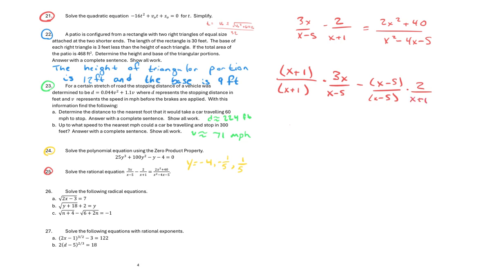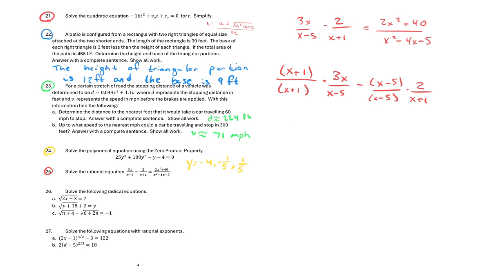And I went ahead and pulled this negative from here out to there. And again, the reason why we're multiplying by this here is that way both of these, our denominators, are the same. But I can't just multiply just the denominator by x plus 1. I have to multiply by x plus 1 over x plus 1. So that way, we're not fundamentally changing anything. We're just multiplying by 1.